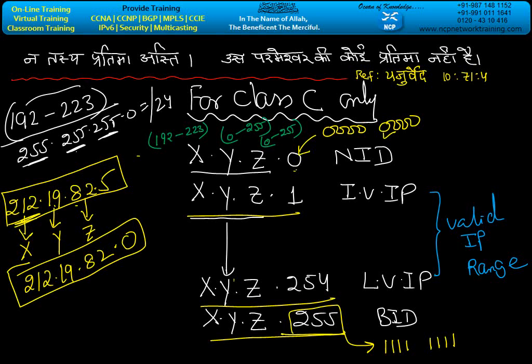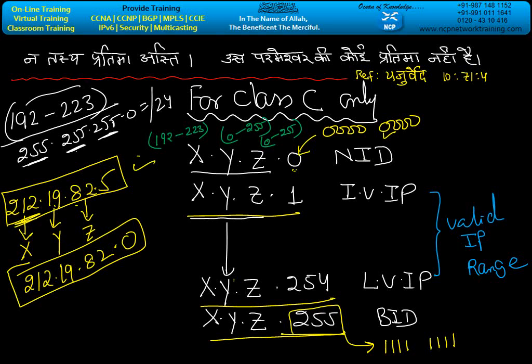Network bits will remain constant and host bits will vary. If all host bits are 0, the number is NID. If all host bits are 1, the number is BID. And if the host bits have a combination of 0 and 1, the number belongs to the valid IP range. It can be the first valid or last valid or between them. The NID of this number will be this one.